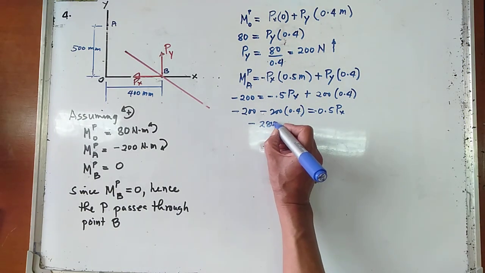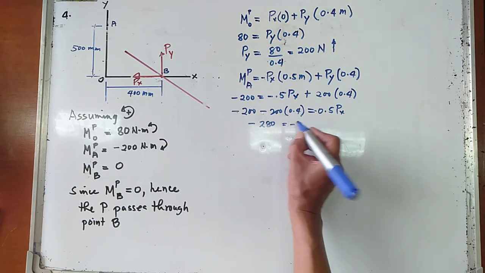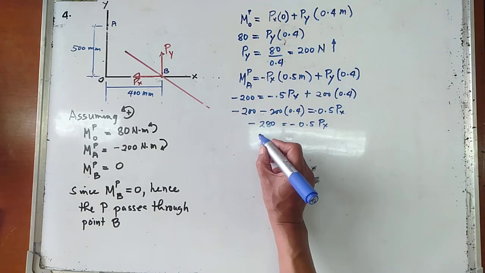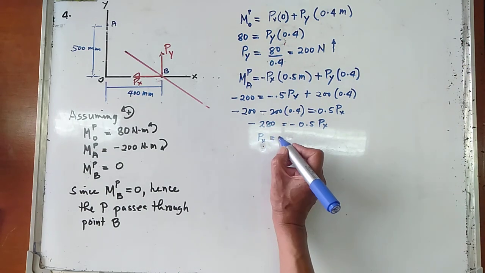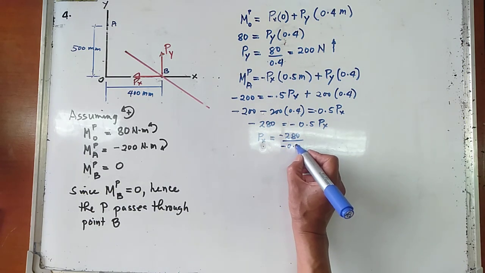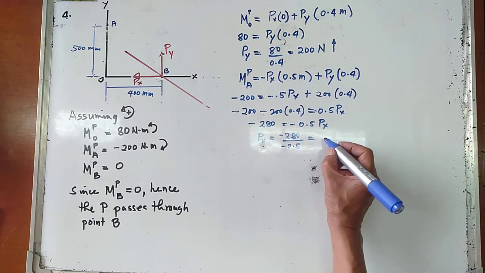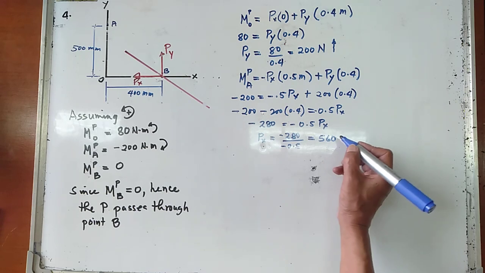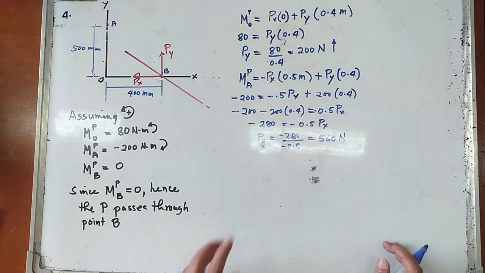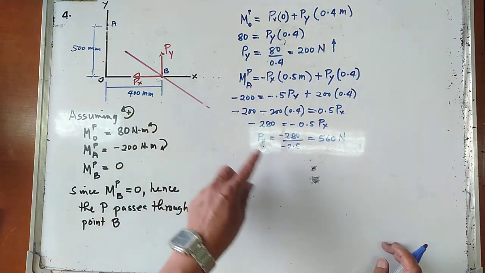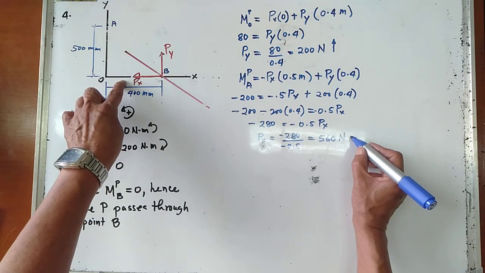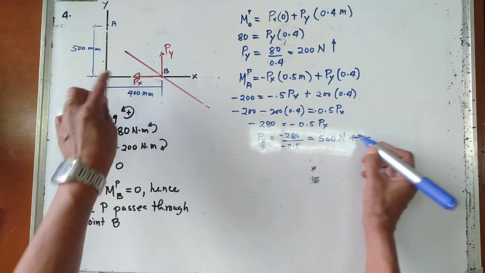So minus 280 is equal to negative 0.5 Px. Hence, your Px is equal to minus 280 all over minus 0.5, or that is equal to 560 newtons. Since we get a positive value, therefore, the assumed direction of Px is correct, and your Px is now going to the right.